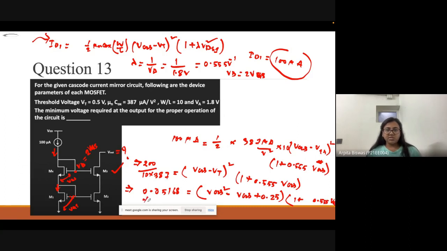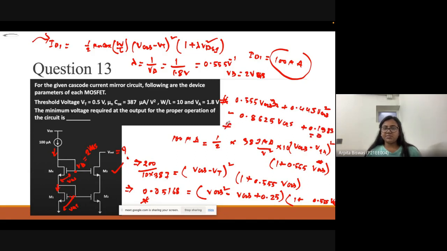Just simplify this. So we are getting 0.555 VGS cube, plus 0.445 into VGS square, minus 0.8625 into VGS, plus 0.1983 equal to 0.